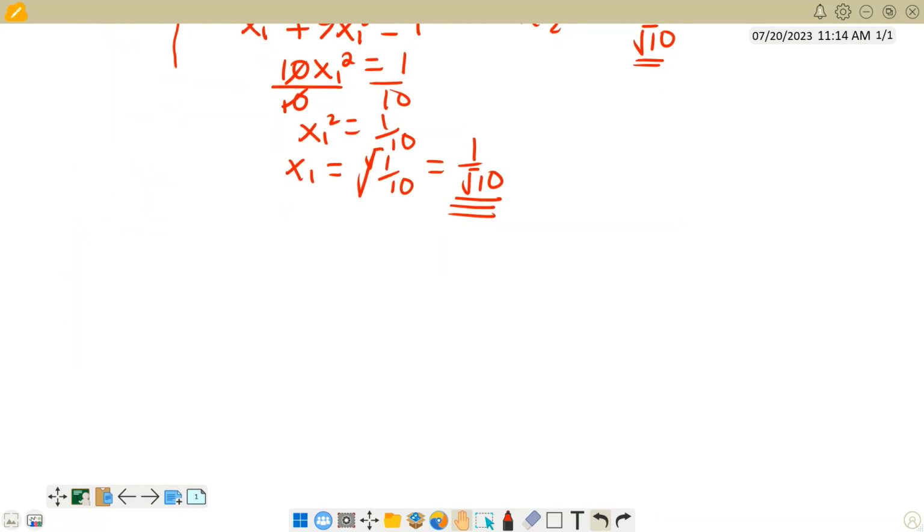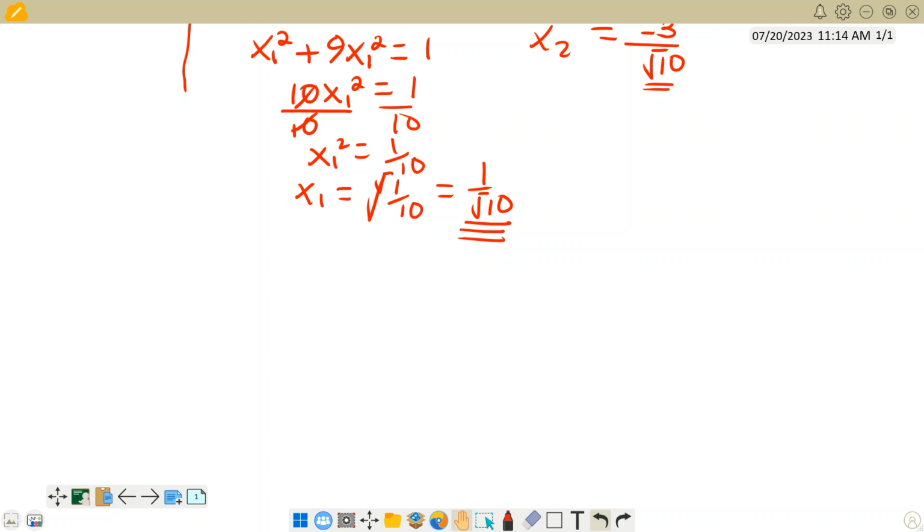Okay, maybe right over here. So this vector called vector 1 will be a function of x1 and x2, and x1 is 1 over square root of 10, and our x2 is minus 3 over square root of 10.